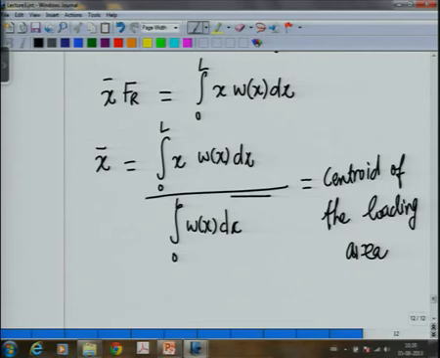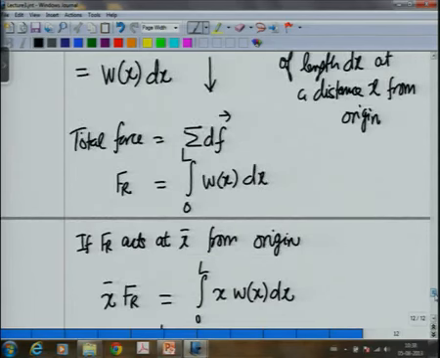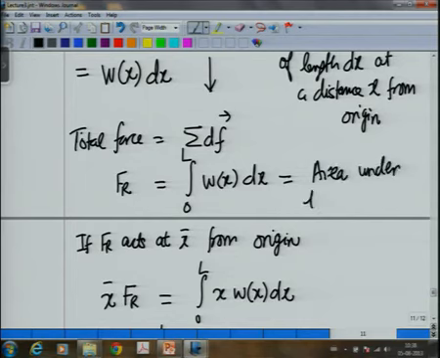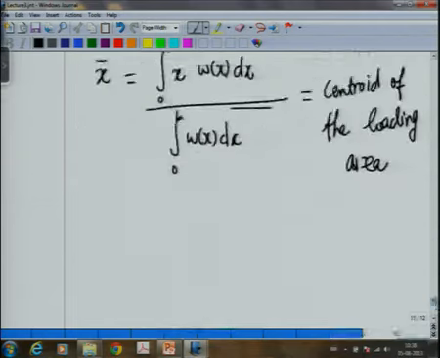X bar is the centroid, and Fr, the integral, is by definition the area under the load diagram, and it acts at the centroid. So therefore, we can get some very simple situations from here.